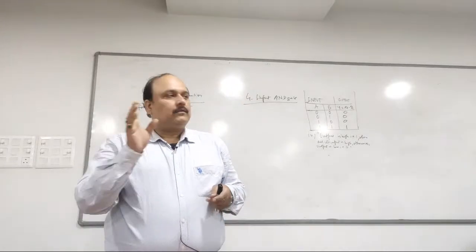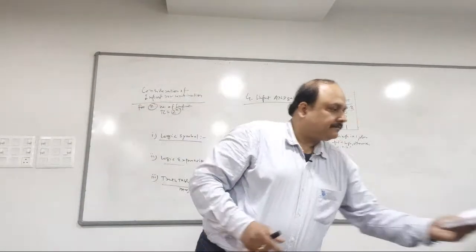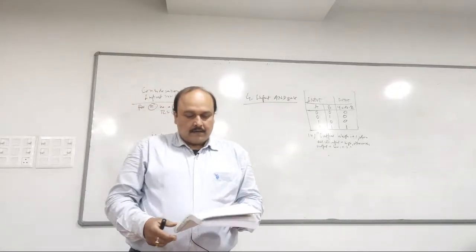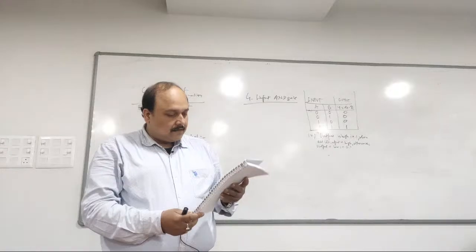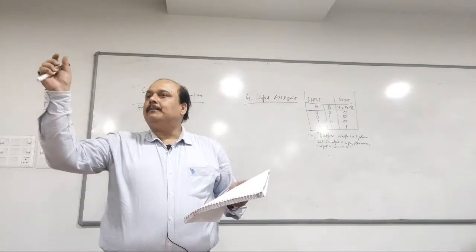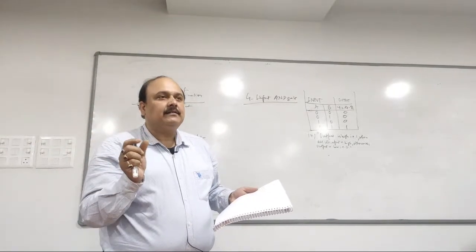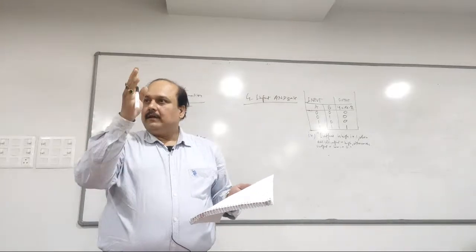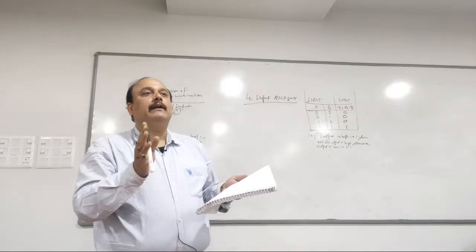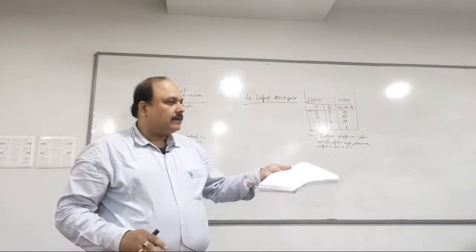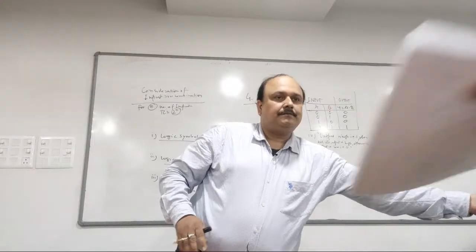Whenever you are designing the truth table, for maintaining the first column, what is half of 16? 8. That means 8 times 0, 8 times 1. Now for maintaining the second column, half of 8, that is 4.